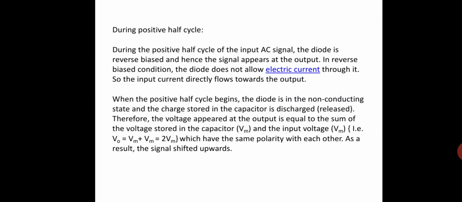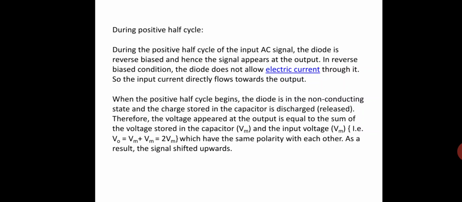During the positive half cycle of the input signal, the diode is reverse biased and hence the signal appears at the output. In reverse bias condition, the diode does not allow electric current through it, so the input current flows directly towards the output.